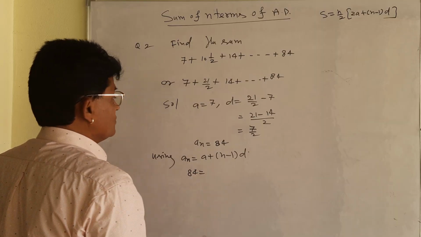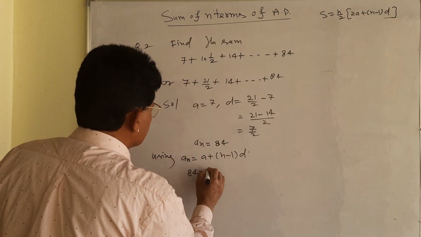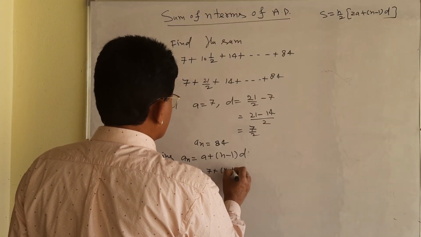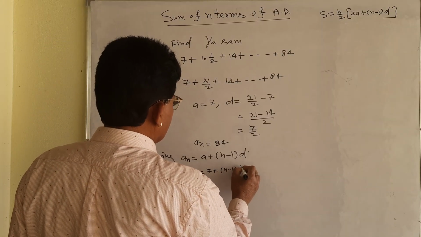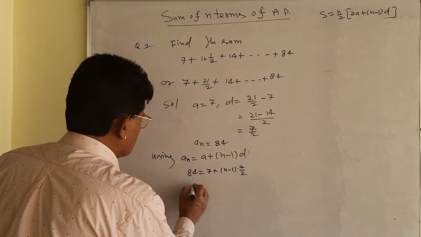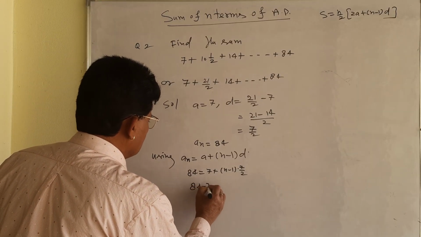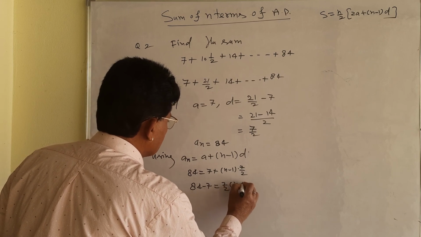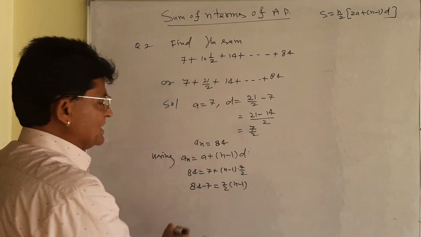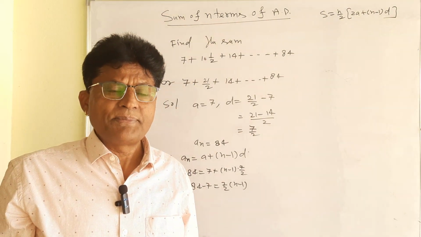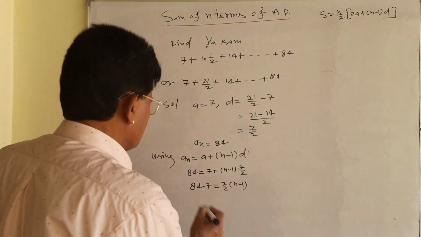84 will be equal to a, which is 7, plus n minus 1 times d, which is 7 by 2. You take 7 from the right side to the left side: it will be equal to 7 by 2 into n minus 1. 84 minus 7 will be 77.